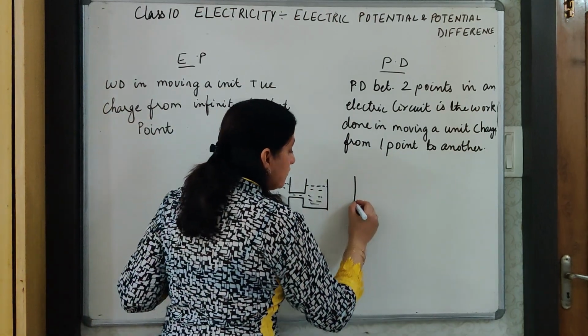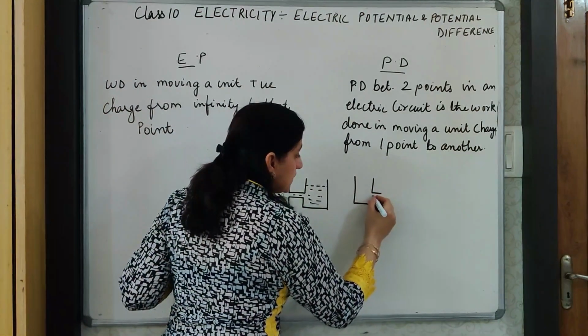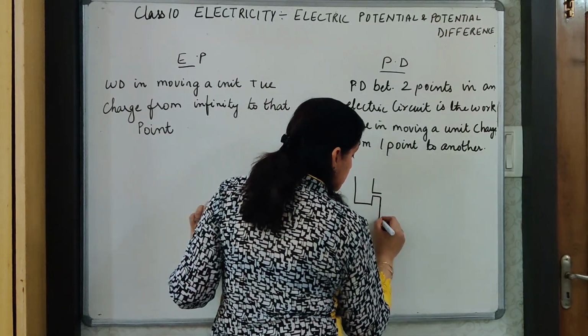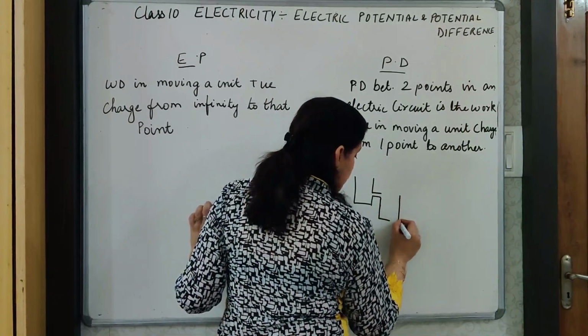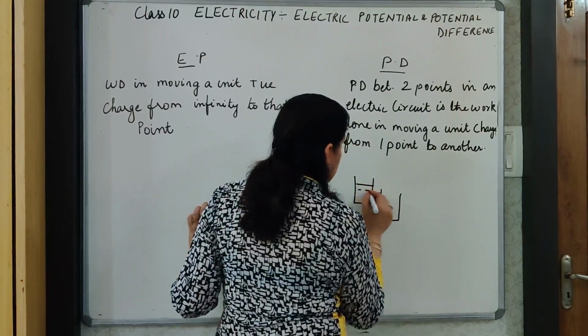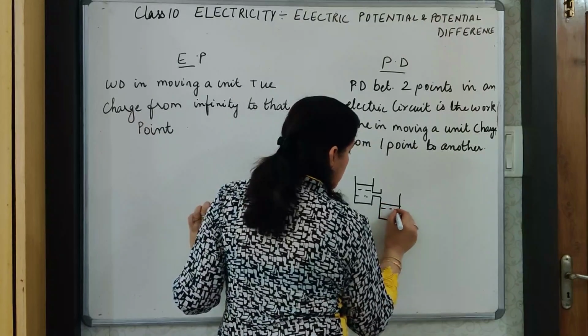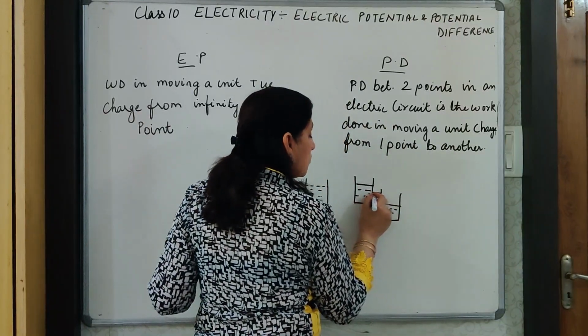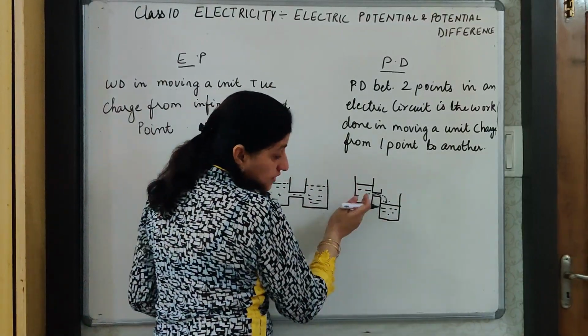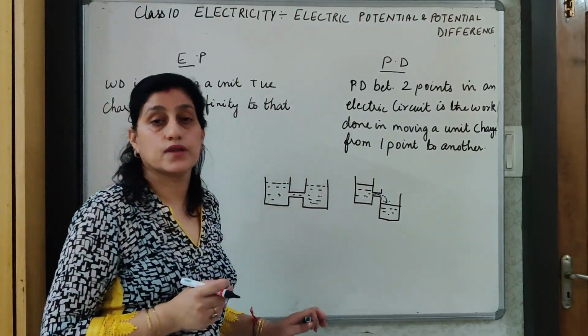But if we have one beaker like this and the other one placed slightly below it like this, then though it has water at the same height, water will begin to flow into this because there is a difference in the level.